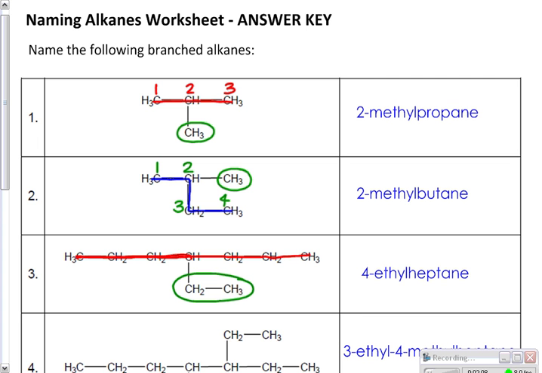You want to number them so that this group has its lowest possible numbering. Either way, it would be a 4, either way you numbered it. And now that it's a 2-carbon group, that is called an ethyl group, starting with an E. So 7 carbons as a parent means it's a heptane. The ethyl living on 4 makes it 4-ethylheptane.